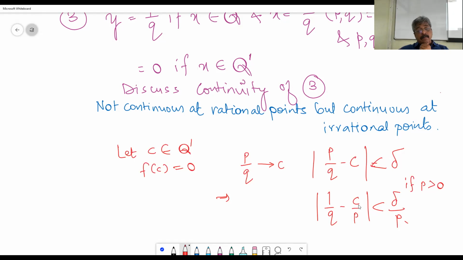c is irrational and p is an integer, so c by p is also irrational. Okay, c by p is irrational. Therefore, the value of the function at that point is going to be 0. Limit 0.